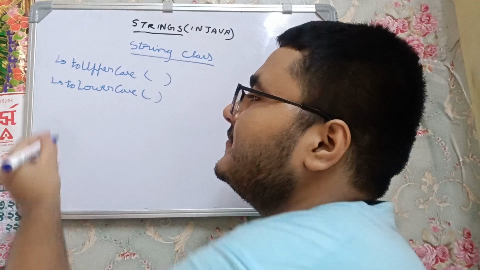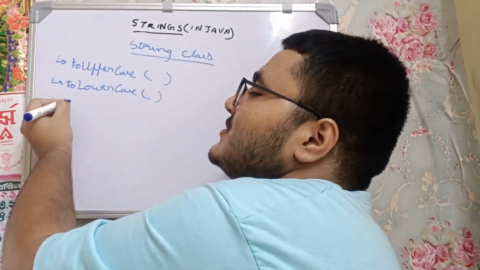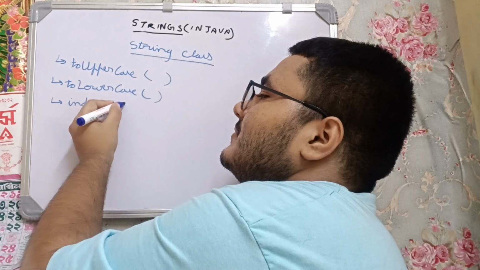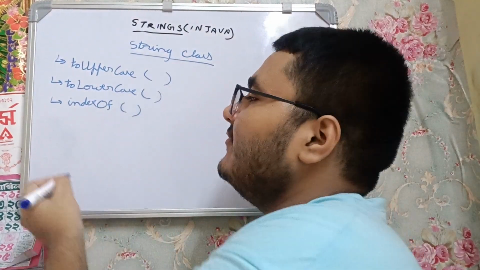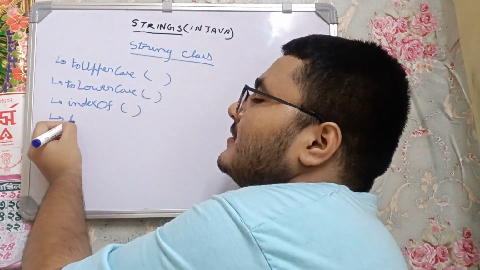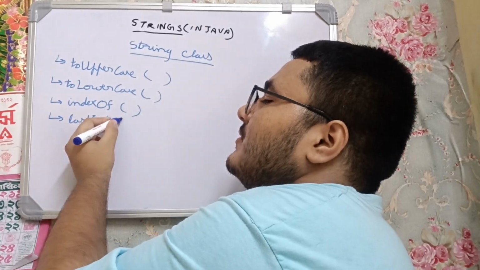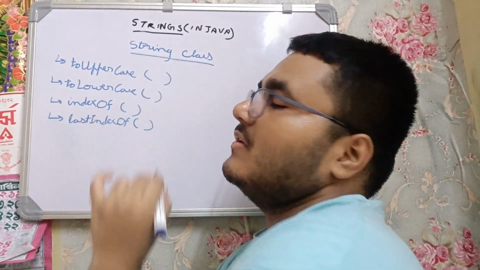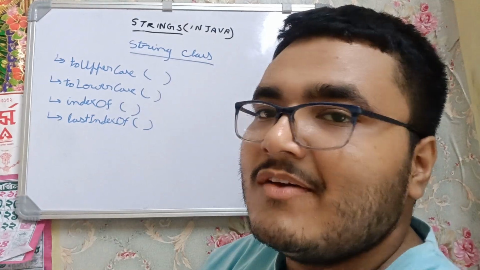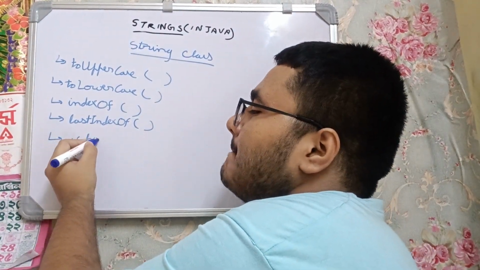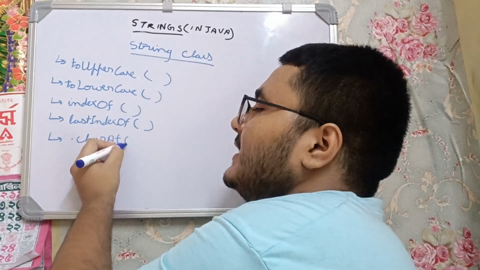Then we have indexOf, we have lastIndexOf, fine. We have charAt, fine.